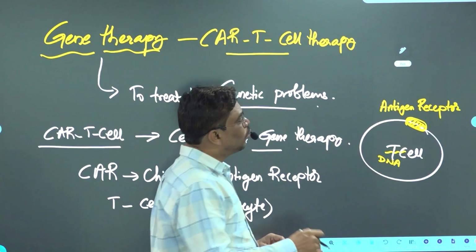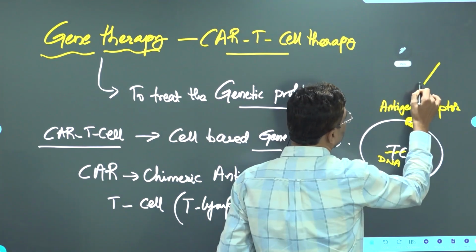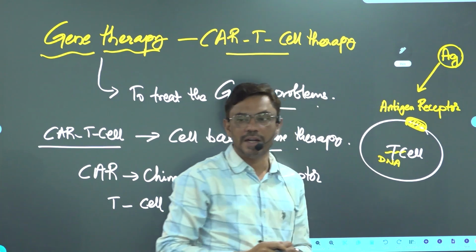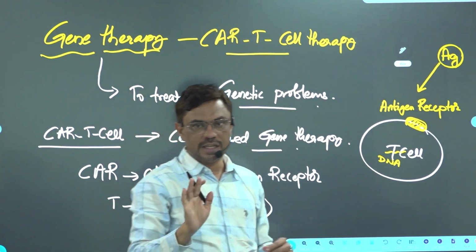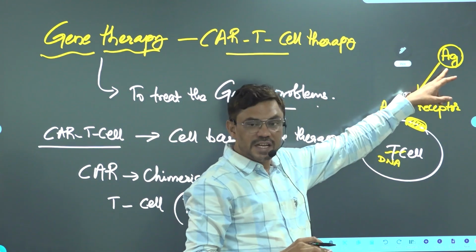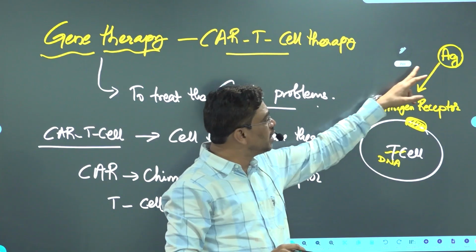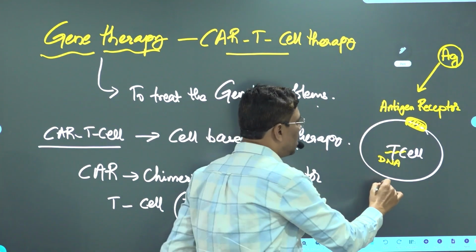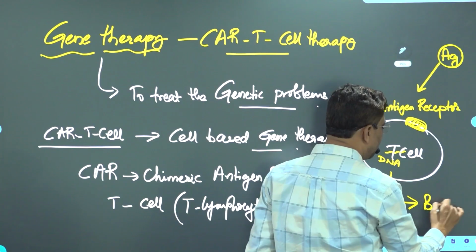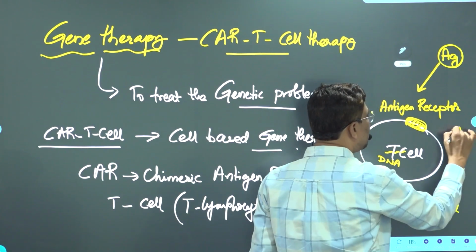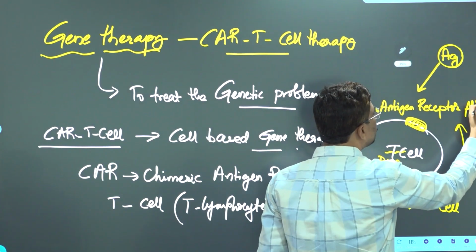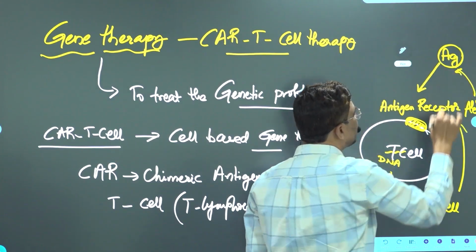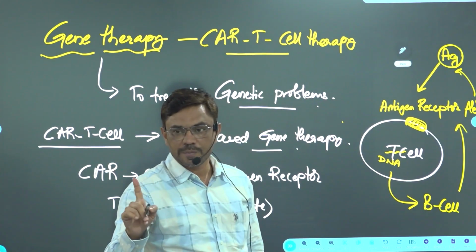What is that antigenic receptor? This antigenic receptor will identify the incoming antigen and give the information of this antigen to the T cell. Thereby the T cell, with the help of B lymphocyte, releases the antibodies against this antigen. Are you getting my point?